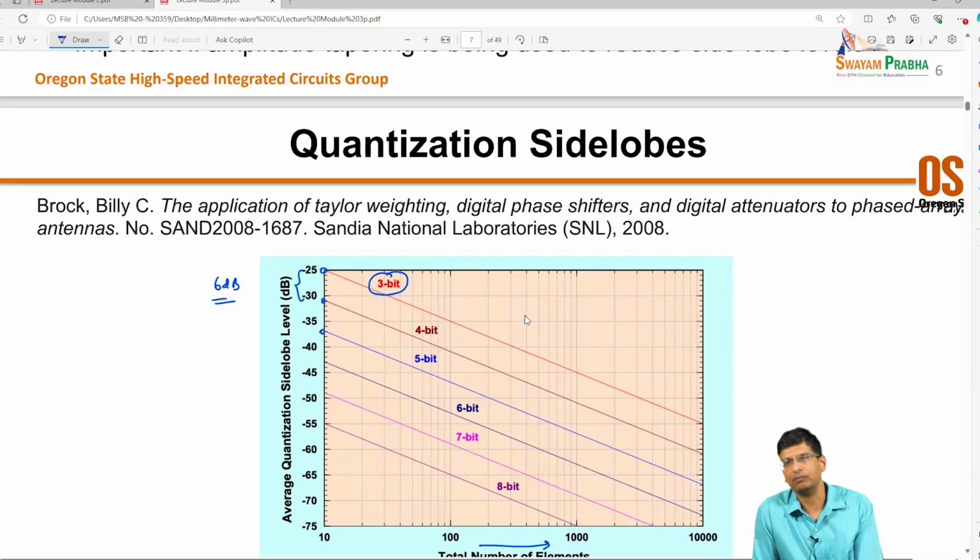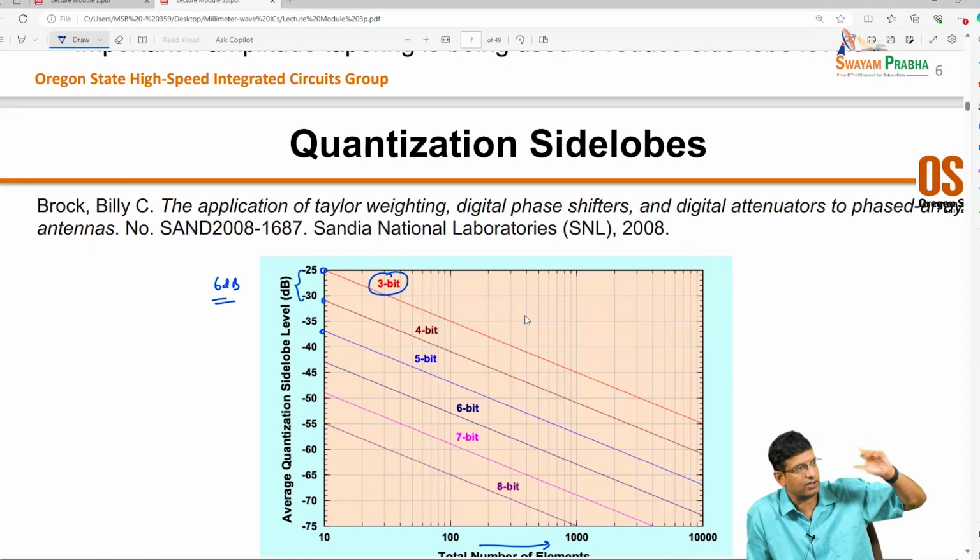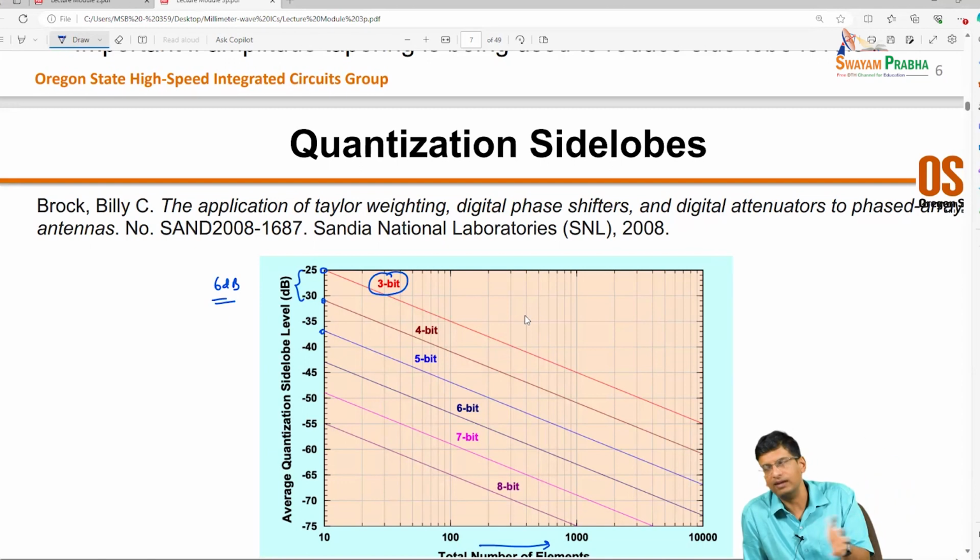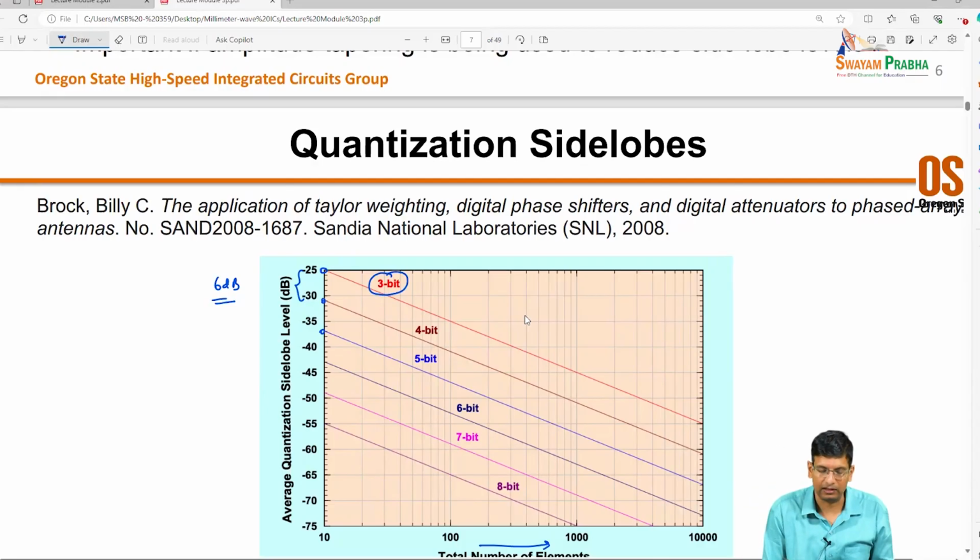This is similar to the ADC quantization, where every time you add an ADC quantization bit, your quantization noise drops by 6 dB. There's a one-to-one mathematical analogy between that kind of reduction and here. And what we can see is that, let's say that I do some kind of Taylor weighting, for example, to get my side lobe levels down to minus 30 dB, right?